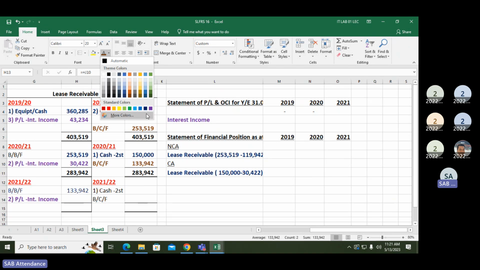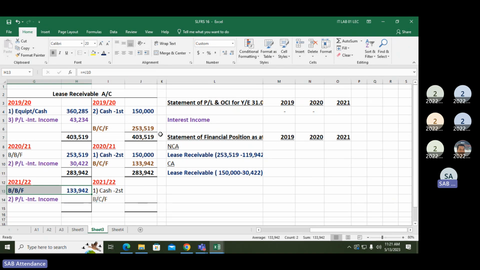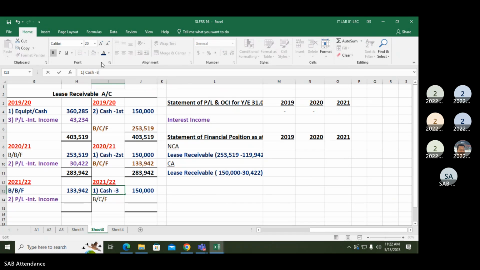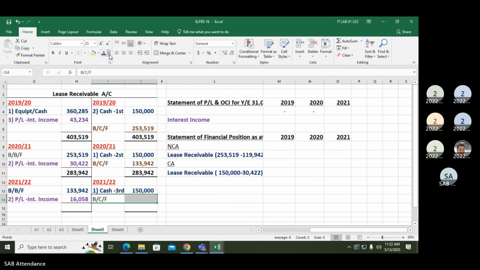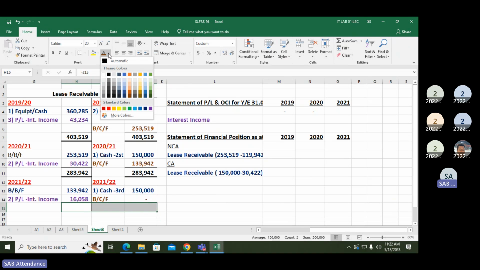Third year, lease receivable opening balance. The third installment will be received by cash. So income is 12% of the opening balance. So we have no carried forward balance. It is fully settled now.